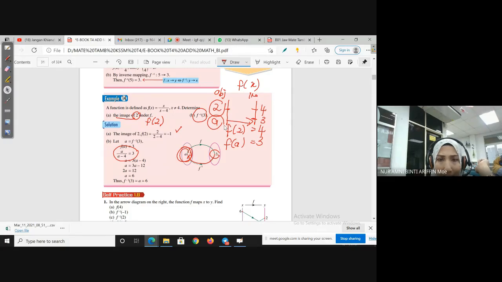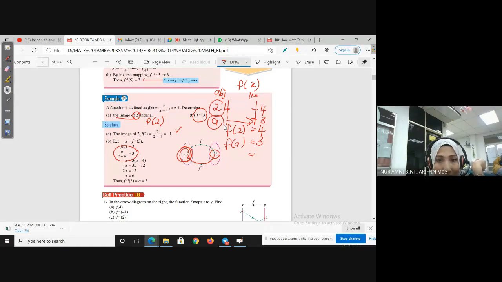Okay, boleh? So, after that, f(A) ni, you just replace A ni. Katrina angkat tangan kenapa? Oh, salah. Okay, A, you put in the function of here lah. This is f(x). Tapi sekarang you nak cari f(A).